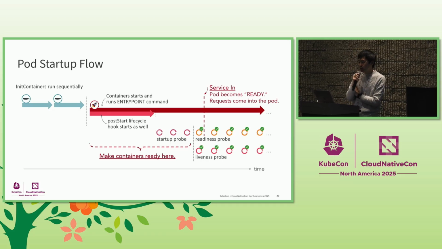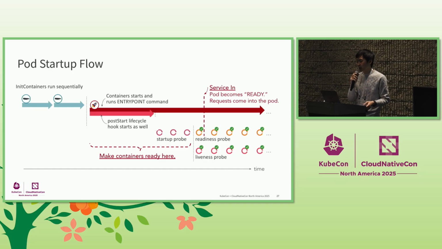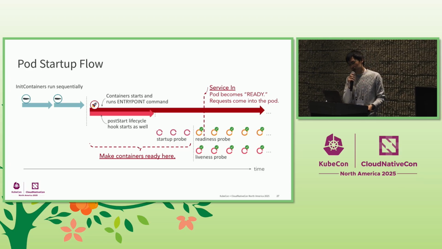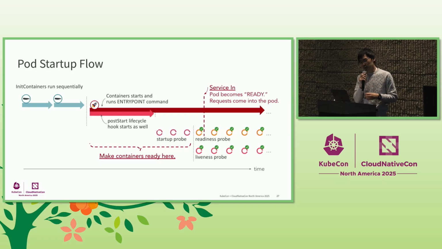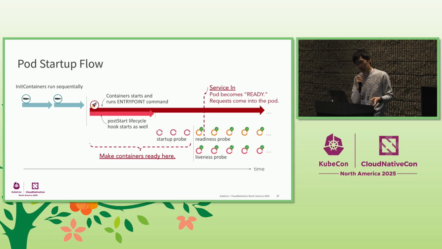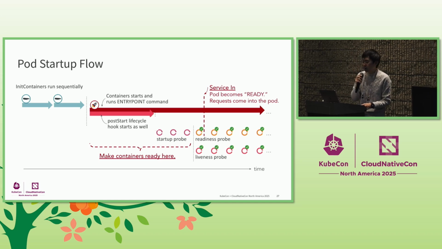After the readiness probe succeeds, the pod is marked as ready and starts receiving requests. Therefore, we can support initialization using the post-start lifecycle hook, startup probe, or readiness probe before external requests come in.